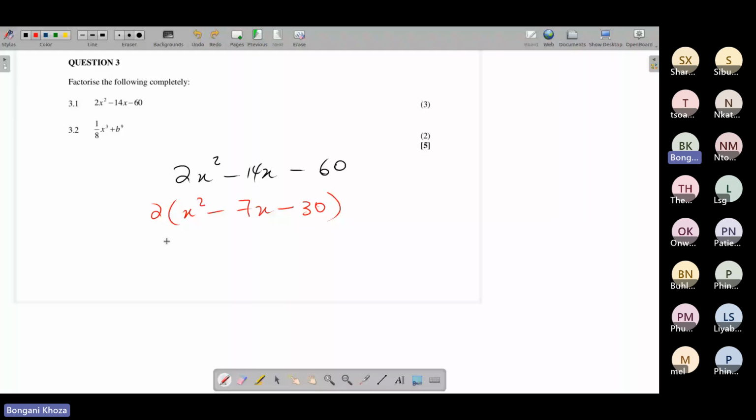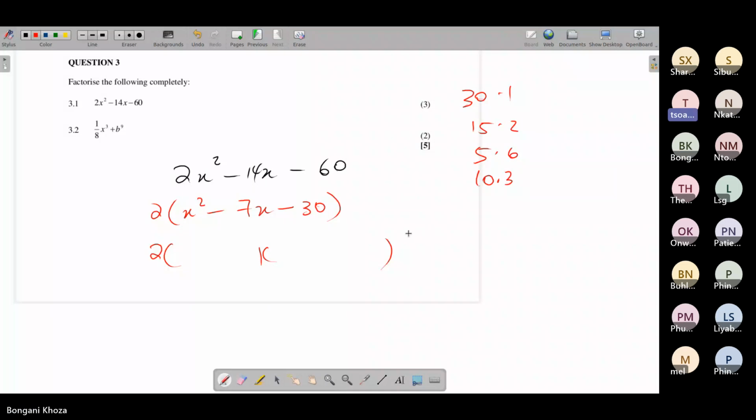We're looking for factors of 30 such that when we add or subtract them, we get 7. So factors of 30, you have 30 and 1. You have 15 and 2. You have 5 and 6. What else? 10 and 3. Is there something that we are missing?